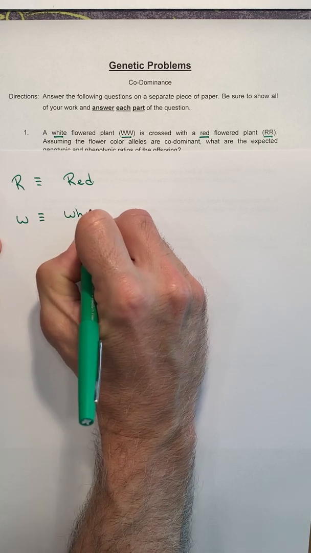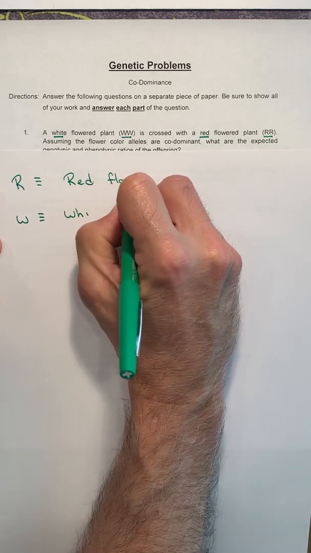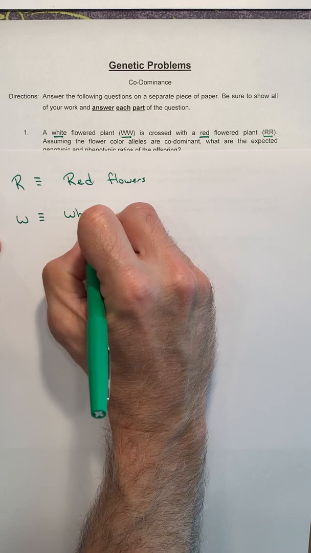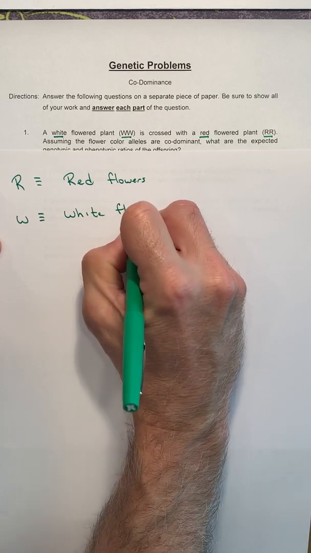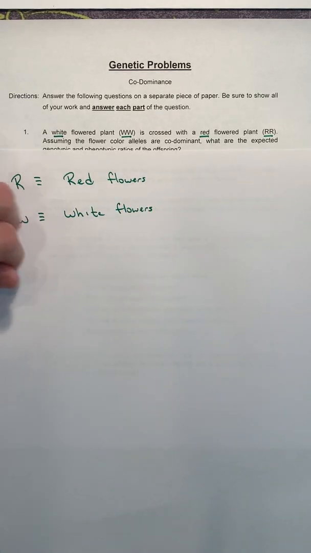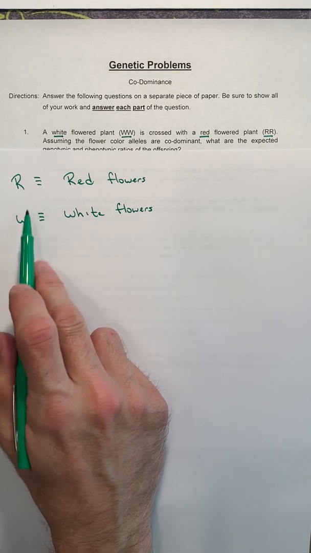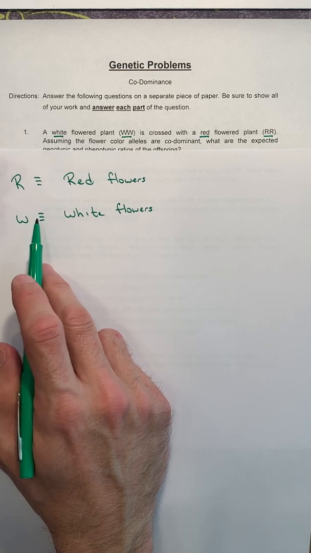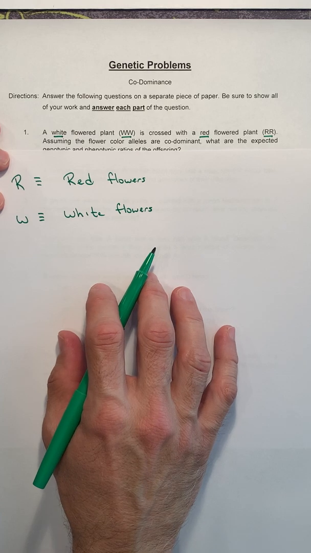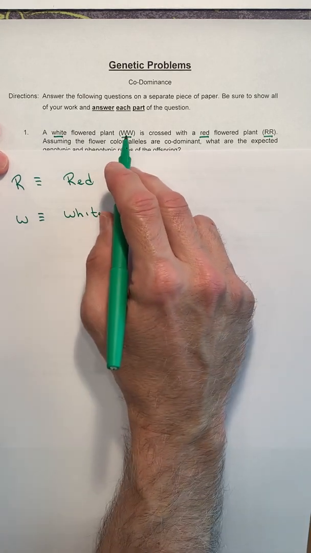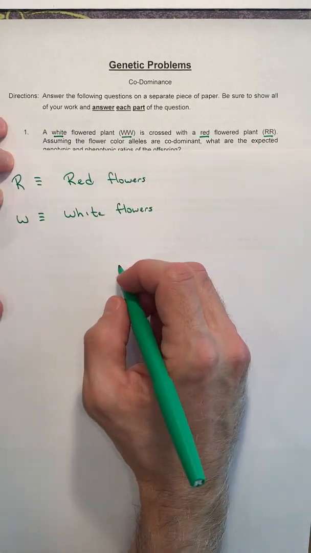So big R is for red flowers, and big W is for white flowers. This is codominant, so when the plant carries either allele, it expresses it. So what happens when a big W is crossed with big R, big R?